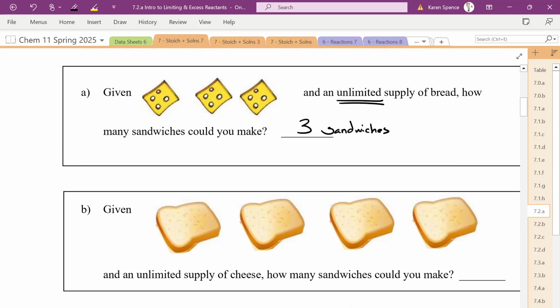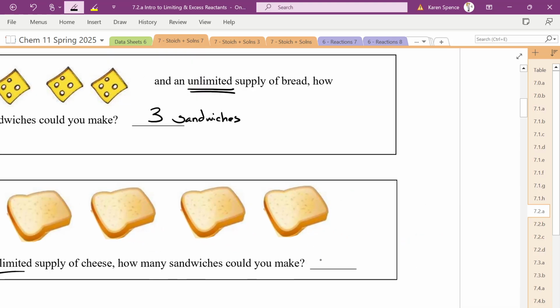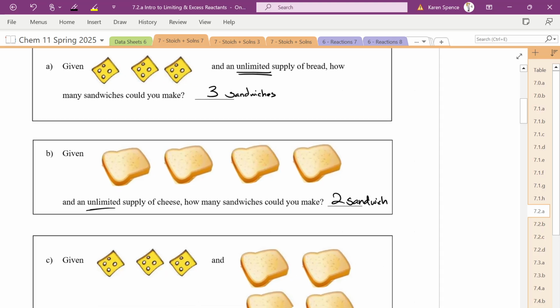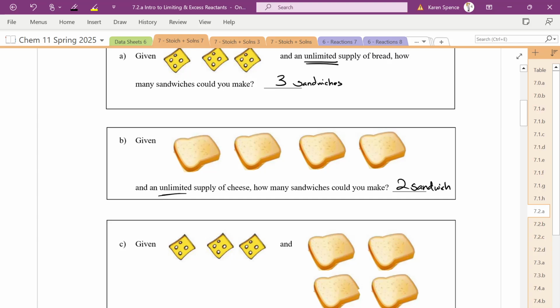If you were given 4 pieces of bread and unlimited cheese, how many sandwiches could you make? 2. So if I were then to give you exactly 3 pieces of cheese and 4 pieces of bread, how many sandwiches could you make? You could make only 2, right?